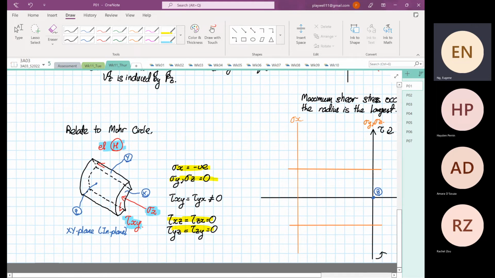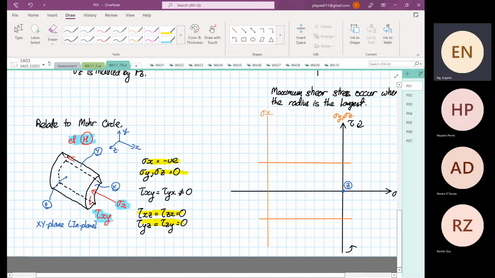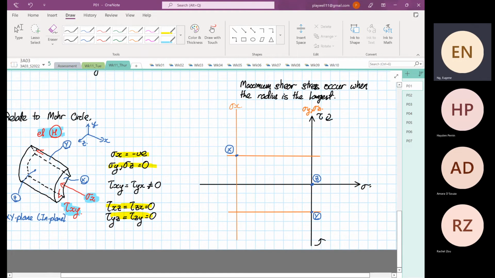So let me sketch our transformation: X, Y, Z. When I say Y, my hand writes Z. So now we're going to check. Point X on the element is going to rotate in a clockwise direction. So this is our point X. Over here is our point Y.